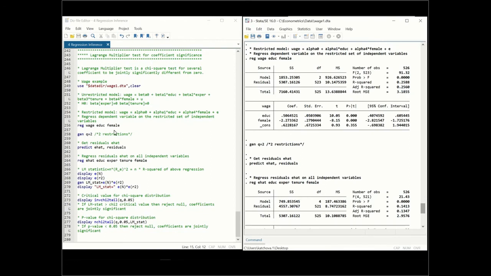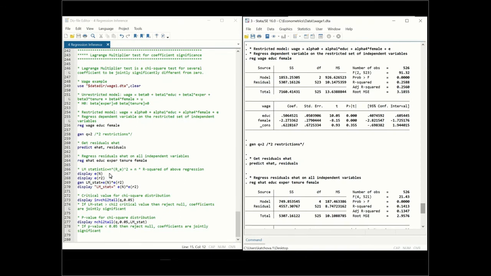The residuals are all of the variation in wage that cannot be explained by education and female. We want to see how much experience and tenure contribute to being able to explain the dependent variable.